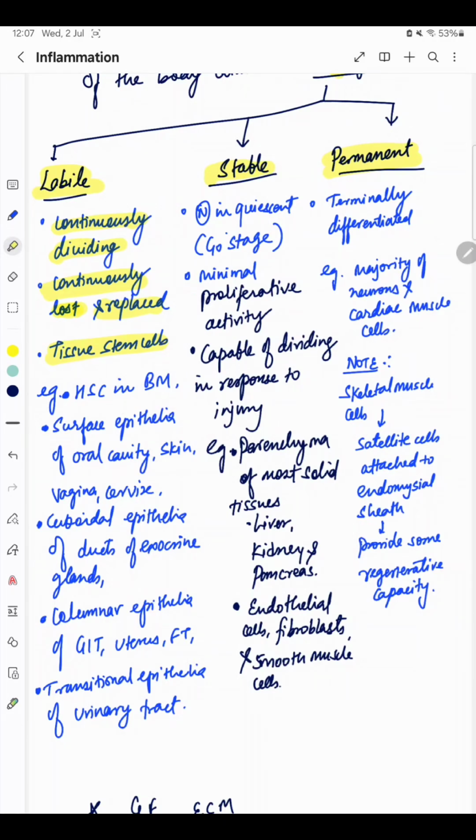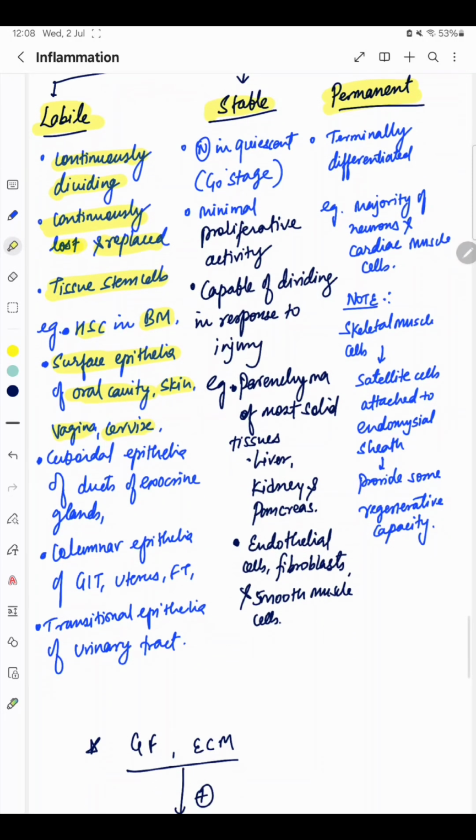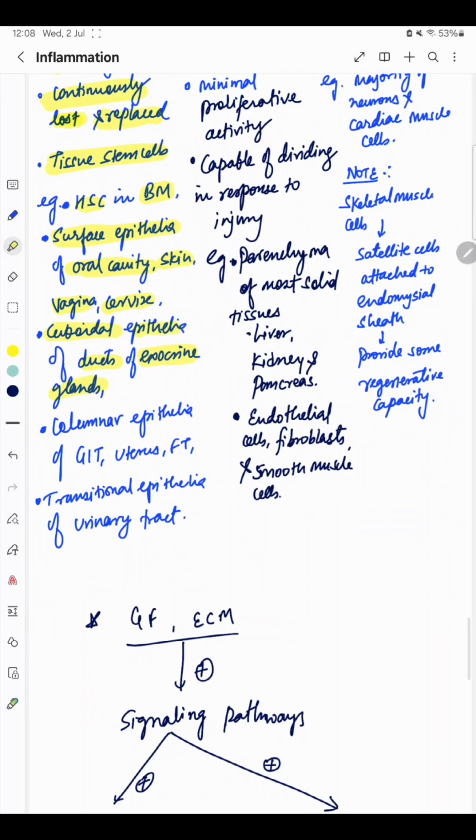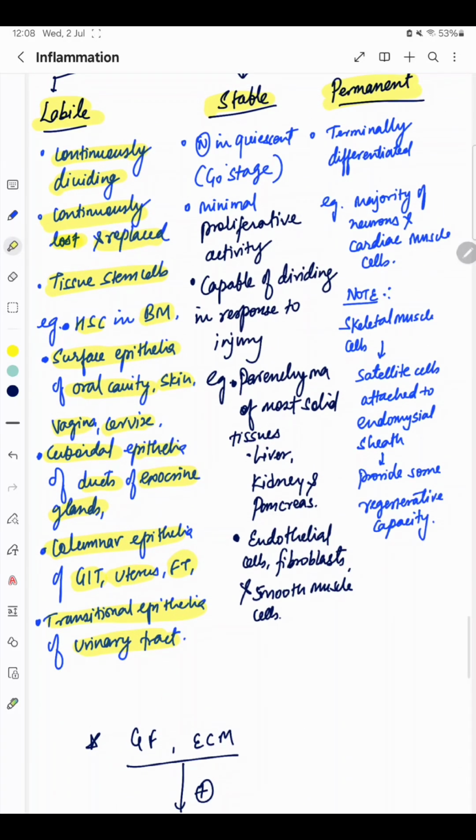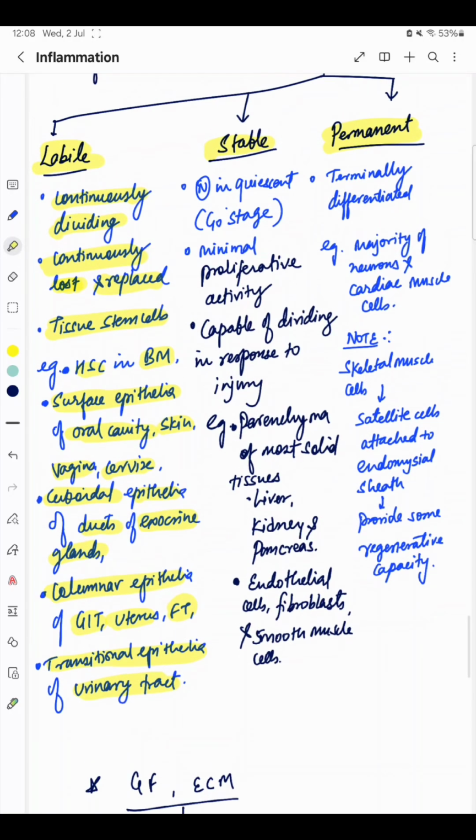Examples are hematopoietic stem cells in bone marrow, surface epithelia of oral cavity, skin, vagina, and cervix, cuboidal epithelia of the duct of exocrine glands, columnar epithelia of GIT, uterus, fallopian tube, and transitional epithelia of urinary tract. They continuously divide to replace the lost cells.